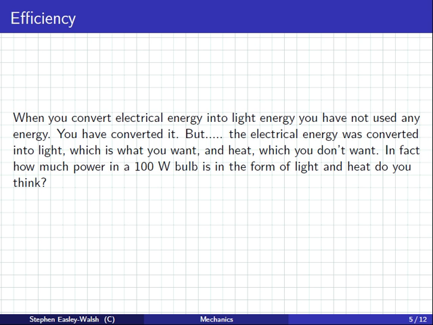Now, just a normal old-fashioned light bulb, not a new light bulb. I want to know how much was light and how much was heat. So in the 100 watts, how much do you say was actually light work and how much was heat work?